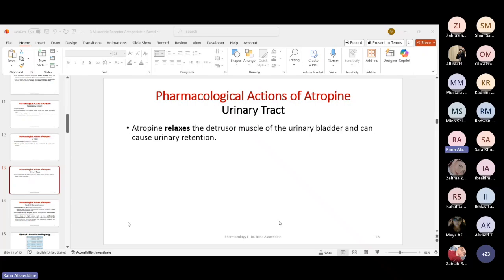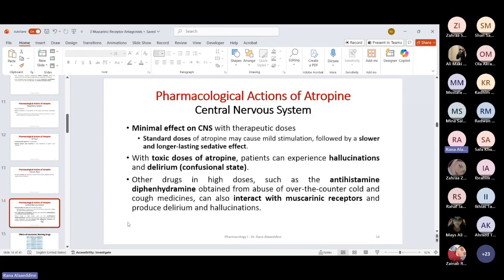This is called urinary incontinence. But when someone is having a hard time to urinate, so the person cannot urinate, this is what we call urinary retention. It can happen because of so many factors. So this is an effect also of our drugs on the urinary system.